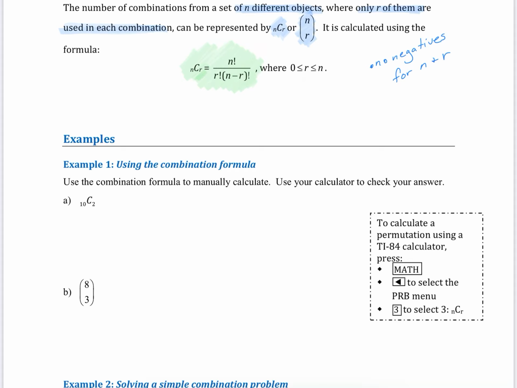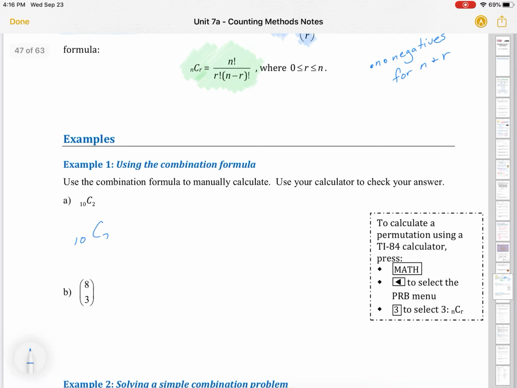Okay, so let's do some examples to see how this works. Use the combination formula to manually calculate. Use your calculator to check your answers. So we have 10C2. Using our combination formula, that means that we have 10 factorial over 2 factorial times 10 minus 2 factorial.